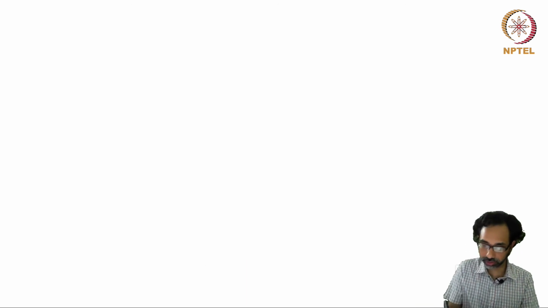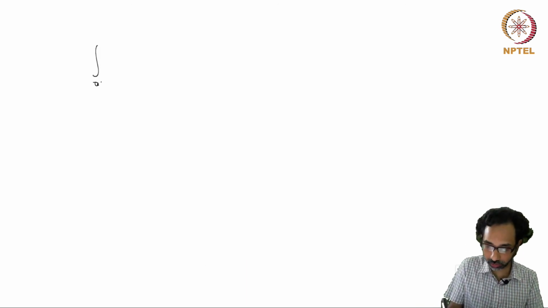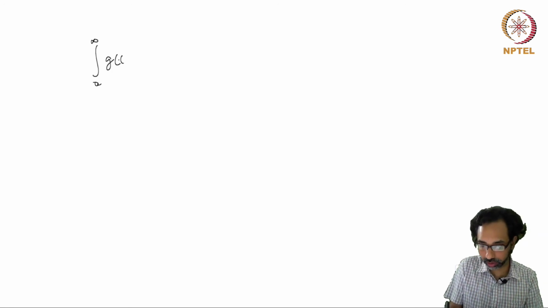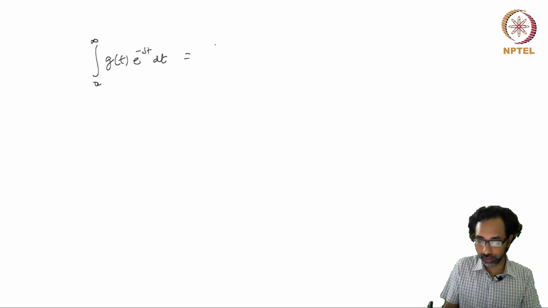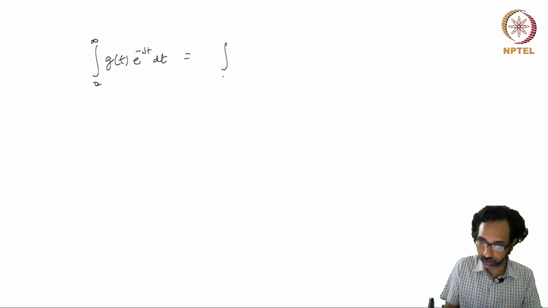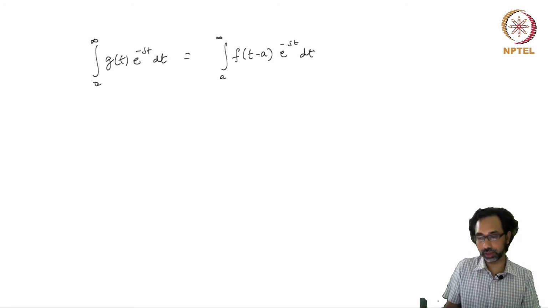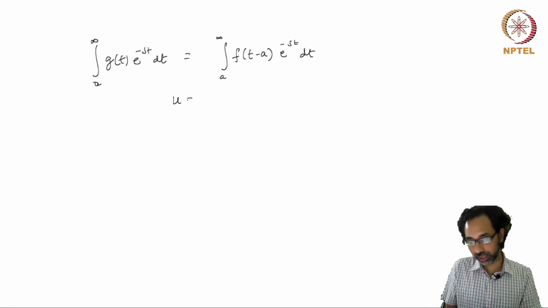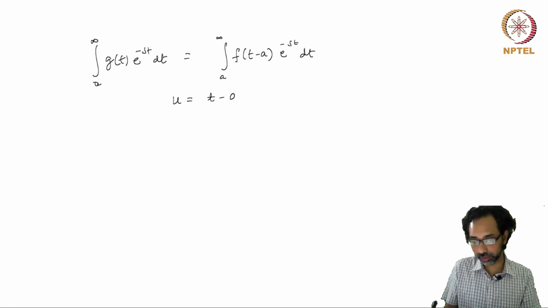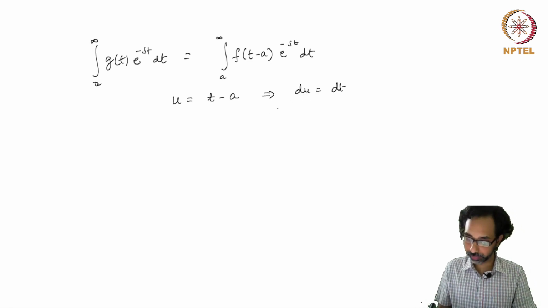So let's see what our second integral is. It's the integral from a to infinity of g(t) e^(-st) dt, and this is given by the integral from a to infinity of f(t minus a) e^(-st) dt. Now we can make a change of variables, u equals t minus a, which means that du equals dt, since a is a constant.